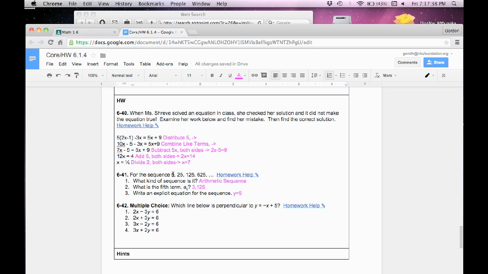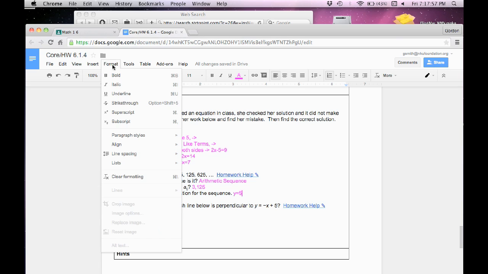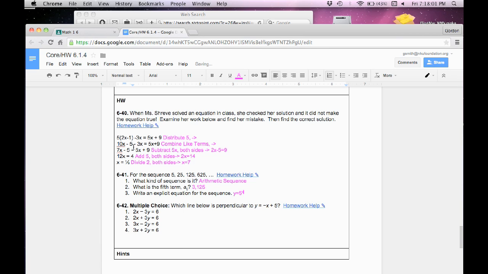In other words, for the first one, when x is 1, it's 5 to the first power. And for the second one, when x is 2, y is 5 to the second power, or 5 to the power of x. When x is 3, y is 125, because that's 5 to the power of 3. So it is 5 to the power of x, just like that.